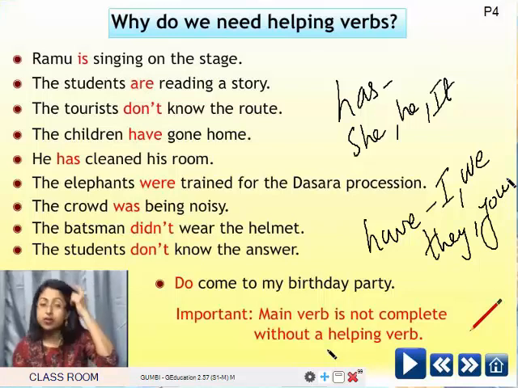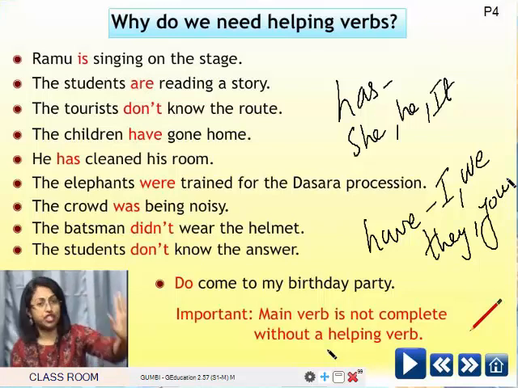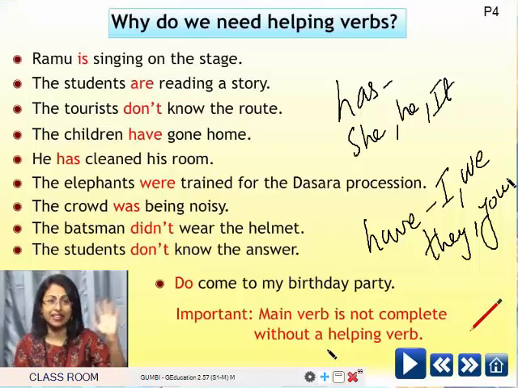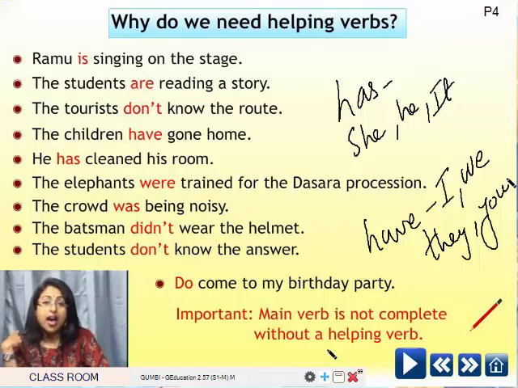Correct, students? So I would say she has finished her homework. He has completed his work. It has rained. Okay? I have cleaned my room. We have reached Mysuru. You have washed your clothes.